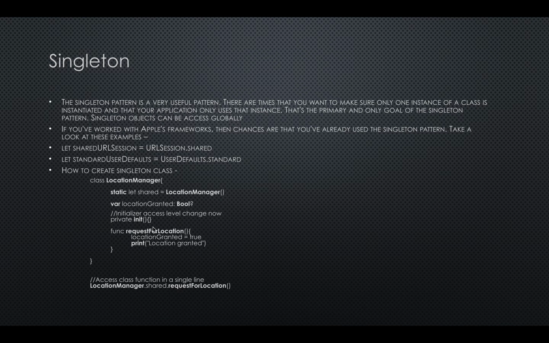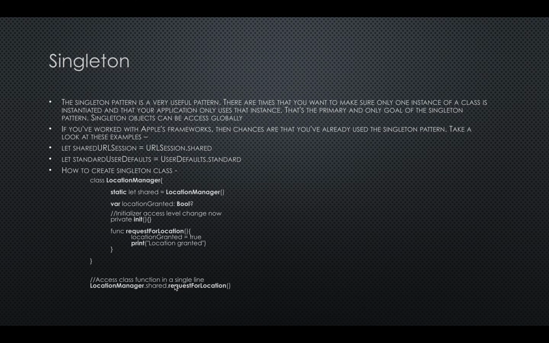If you create a public init, then there could be multiple instances of your class. But when you write private init, it makes sure that only one instance of this class is created, which is this shared instance. And then you can write any function like this, and this function can be accessed like this, LocationManager.shared, which is this shared and only instance.